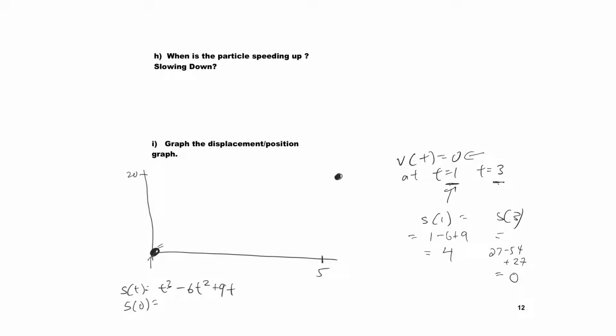When I found the position at 1, you're at 4. So at 1 second, you are 4 meters to the right of the house. At 3 seconds, let's try to make this as equal as possible, you're at 0. That means you make it home. Keep in mind this is a cubic function.